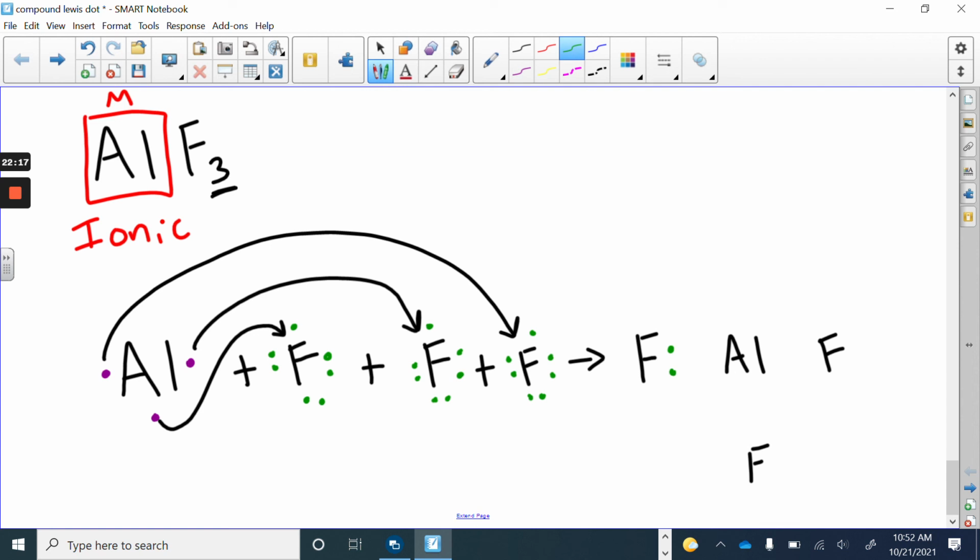Our valence electrons. Show our one from aluminum that they got. It is ionic, so don't forget we need our brackets to show that we are not sharing these electrons.